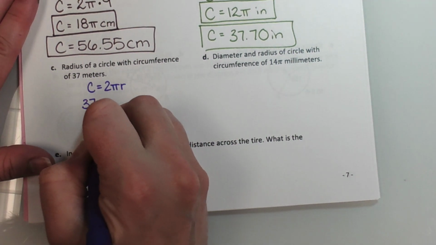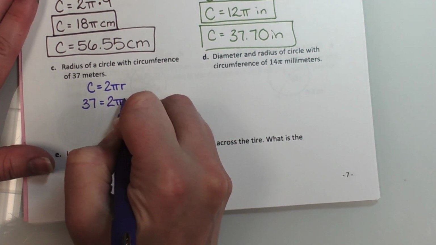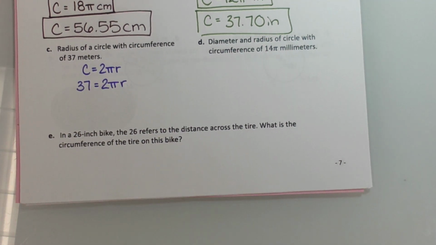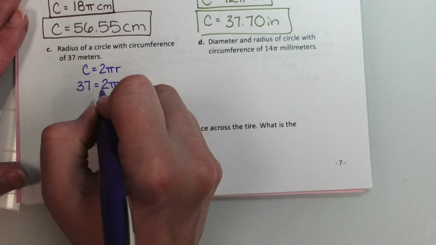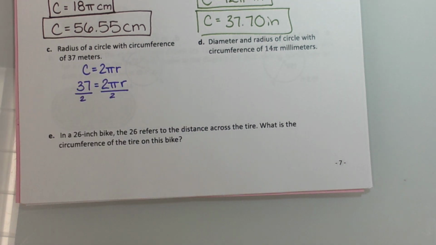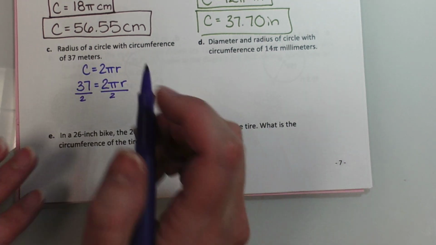I know that's 37. I solve for r. How do I solve for r? Divide by 2. Start by dividing by 2. 37 divided by 2 is 18.5.